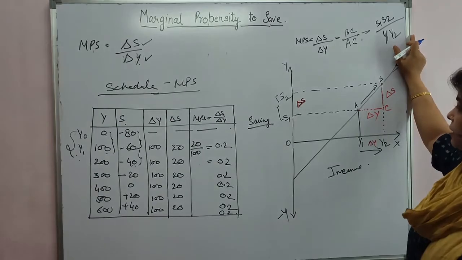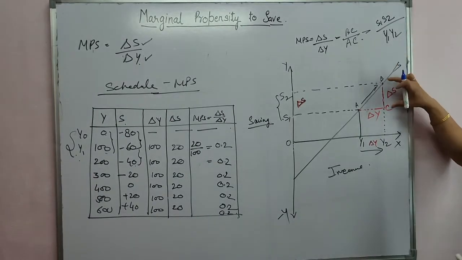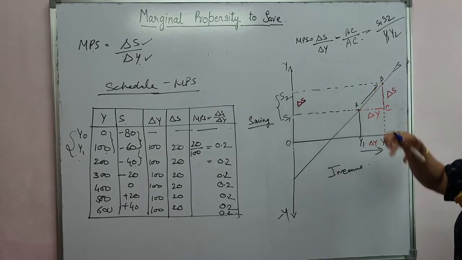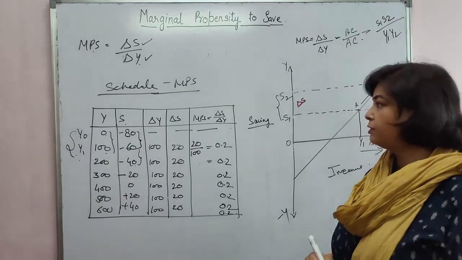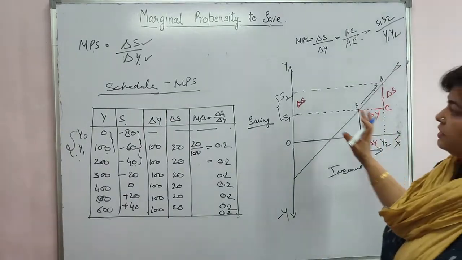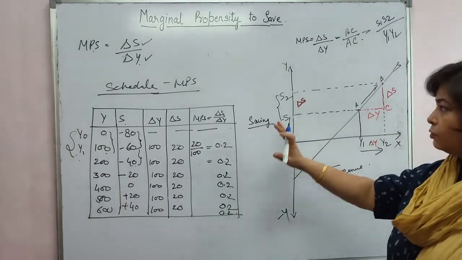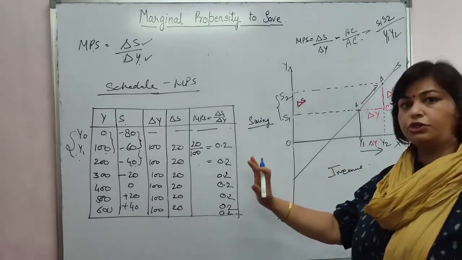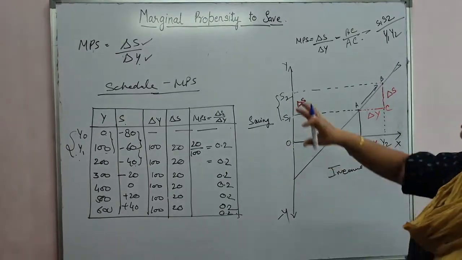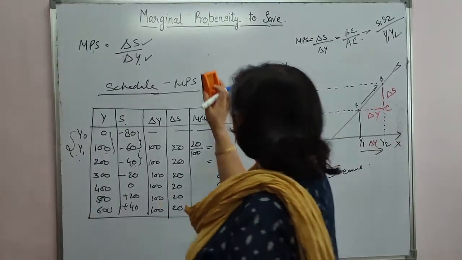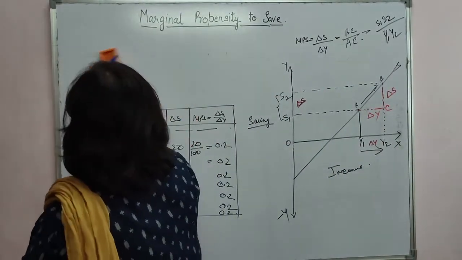In the same way, the ratio of BC and AC is also the marginal propensity to save. Now we have discussed this table. We have learned how to draw a diagram and make a schedule of MPS. Now we will summarize the features of MPS in few points.